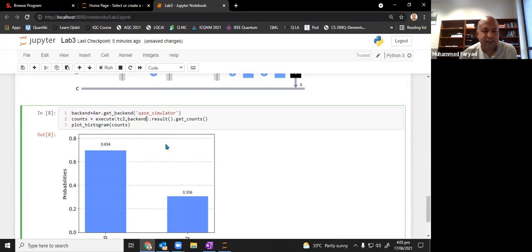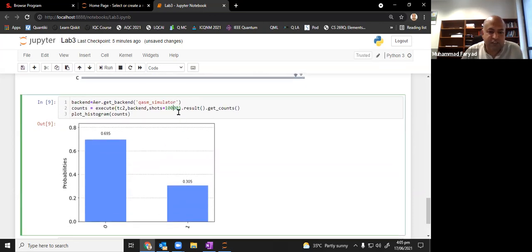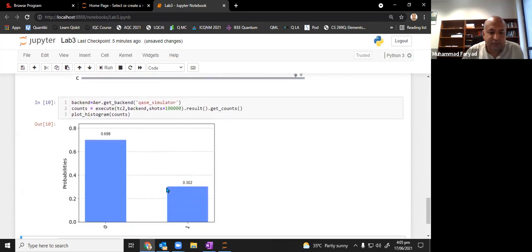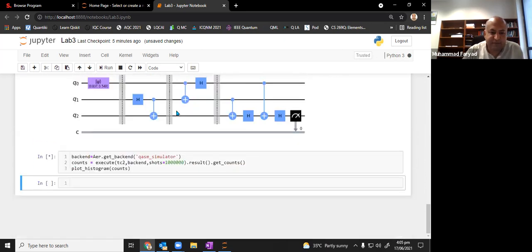So let's increase the number of shots to increase the accuracy. With 10,000 shots, let's make it 100,000. And you see the accuracy increases. So let's make it actually 1 million. Might have to wait a little bit.